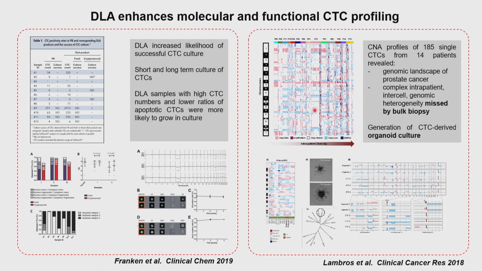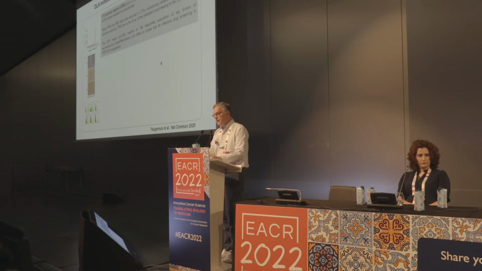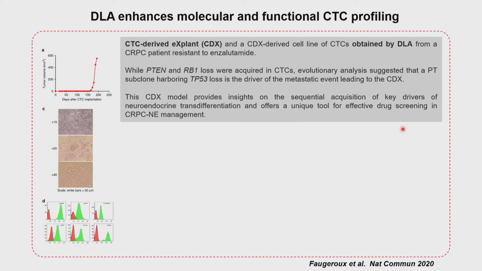At that time, we did array-CGH, so we got a deep insight into the genomic landscape of prostate cancer that is present in blood, and we could find and investigate the heterogeneity that was often missed in the bulk biopsy of matched samples. And importantly, they also could establish a functional model, an organoid, from a prostate cancer CTC. And this is a pattern we have in these studies.